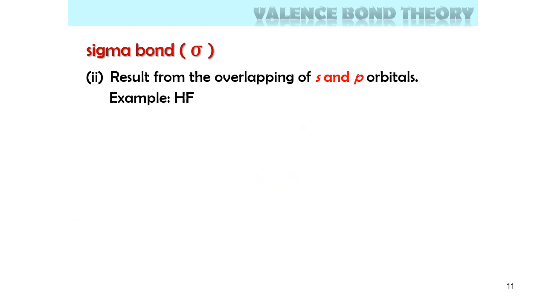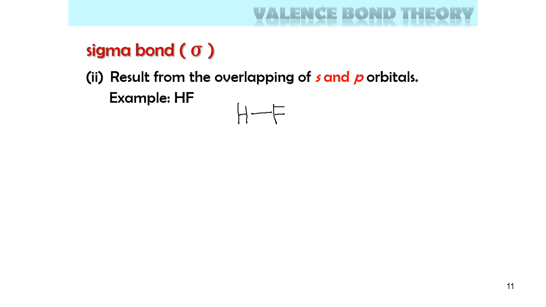Next, let's have a look at the next example, hydrogen fluoride. For hydrogen fluoride, you will have this structure, hydrogen that will form a covalent bond with fluorine.